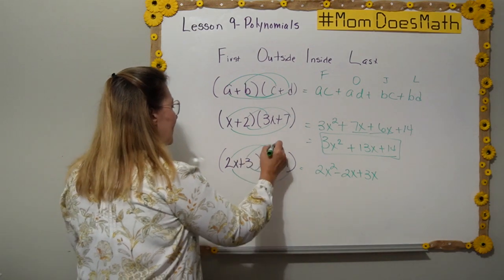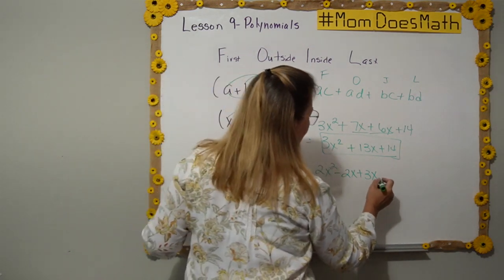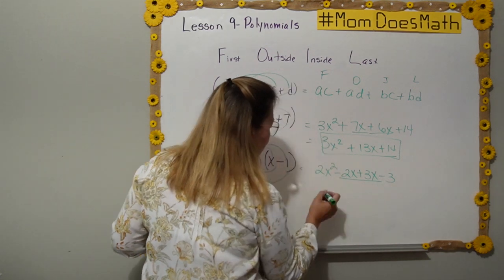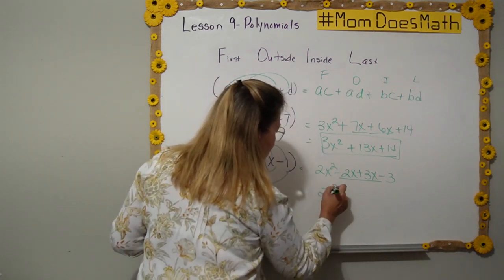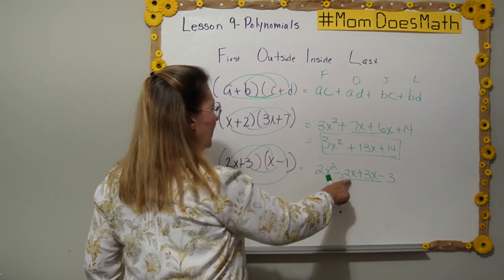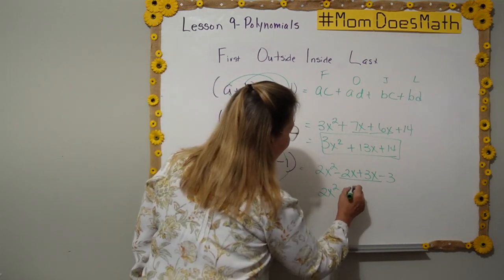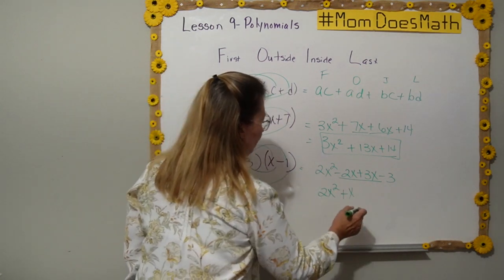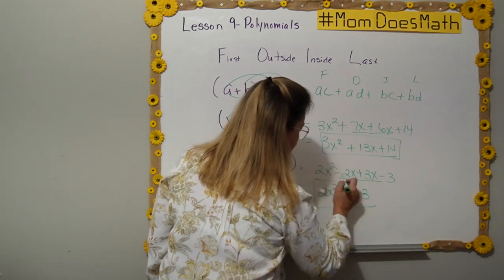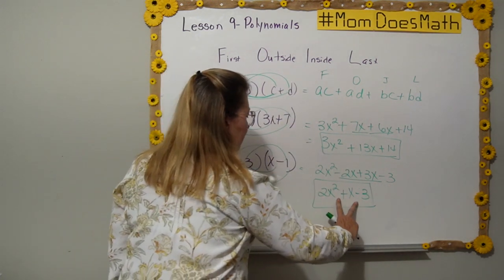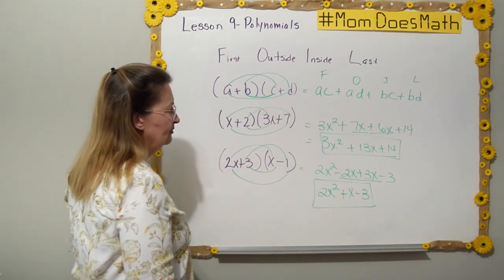And then your last, 3 times negative 1 or minus 1 is minus 3. Now when you combine those two middle terms, that doesn't change. Minus 2x plus 3x gives you plus 1x, and you don't have to put the 1, and then the minus 3. Okay, notice 2 binomials multiplied together gave you a trinomial.